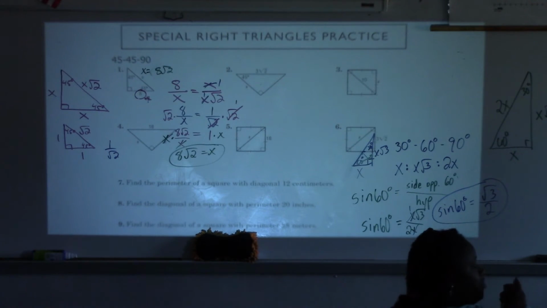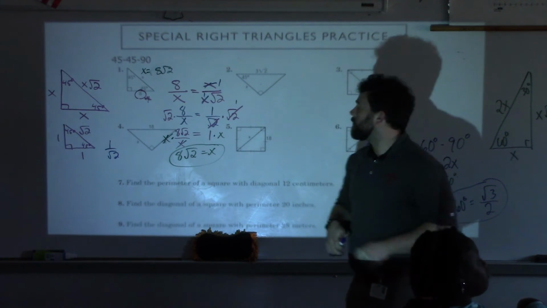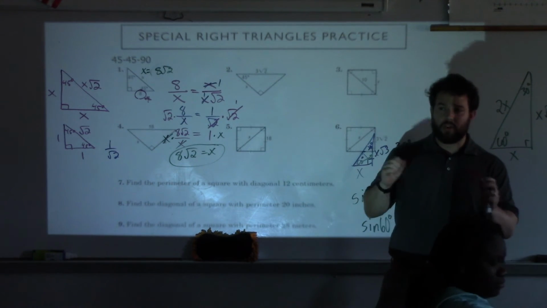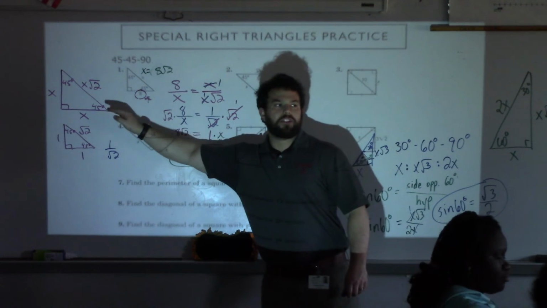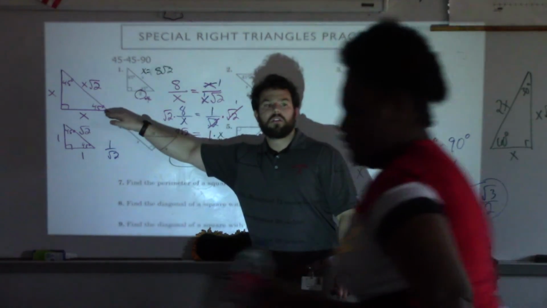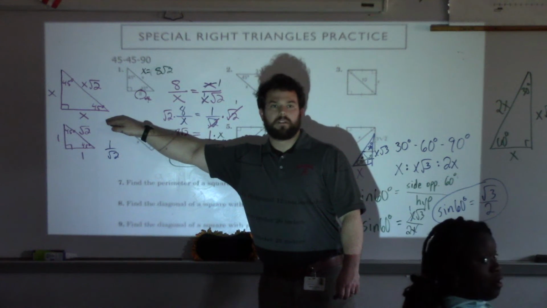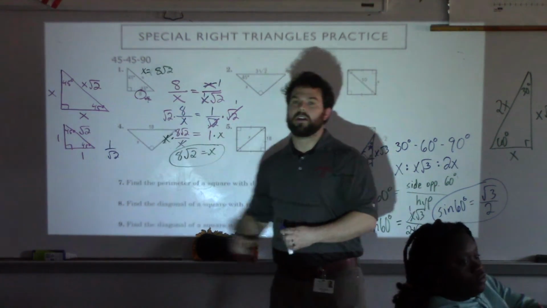So, again, can I set up a ratio? You can, right? Notice, and this is where a lot of us are struggling, is we're just looking at this triangle. Draw the generalized 45, 45, 90 to help you here.